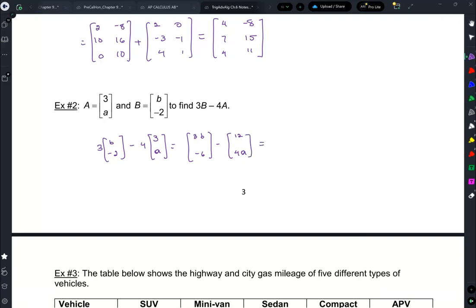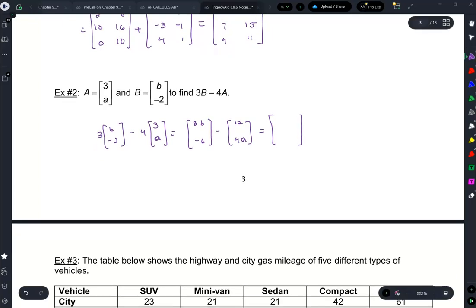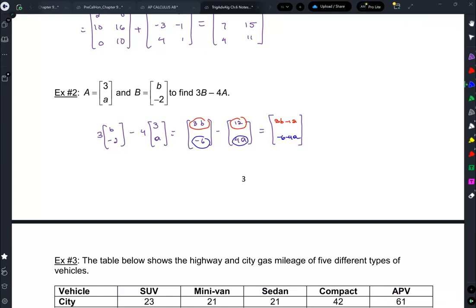Okay, so now we're going to get another column matrix. So 2 rows, 1 column. On top, I get 3b minus 12. That's in 1 slot. And then -6 minus 4a, or -4 minus 6. Okay? So again, that's just 1 column.